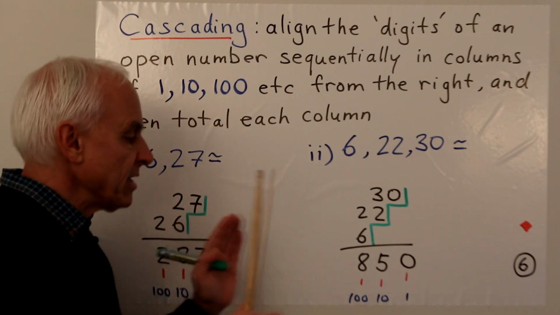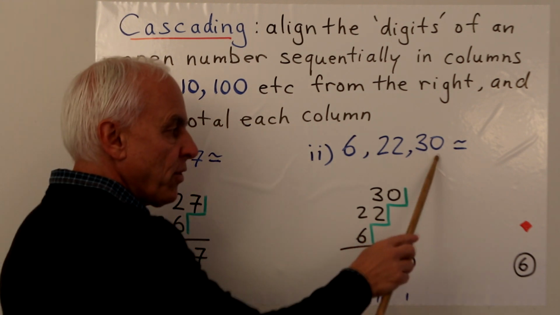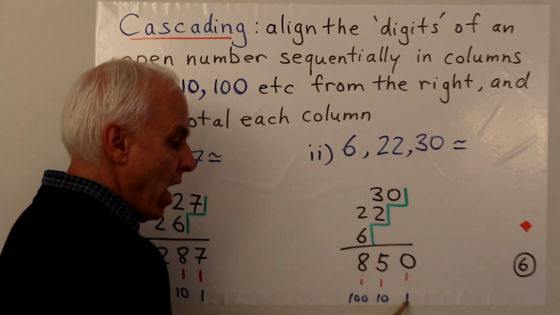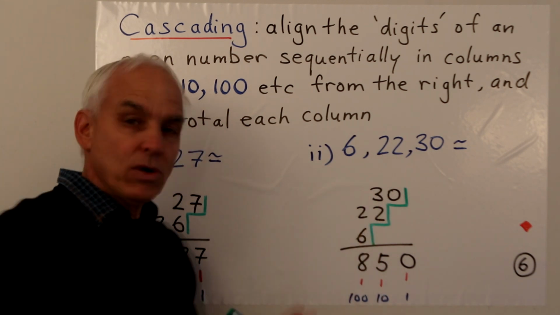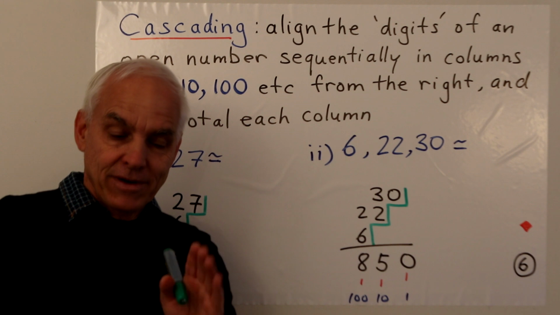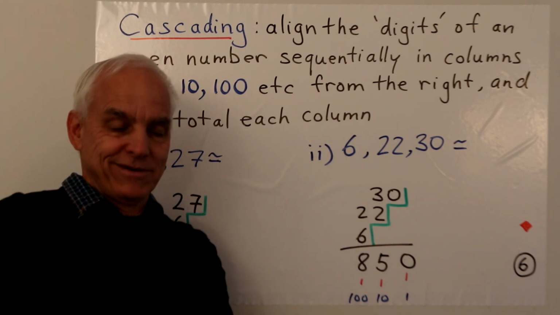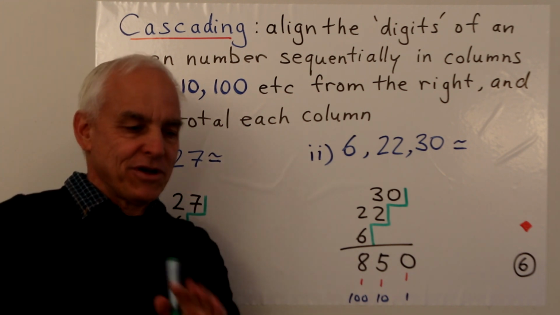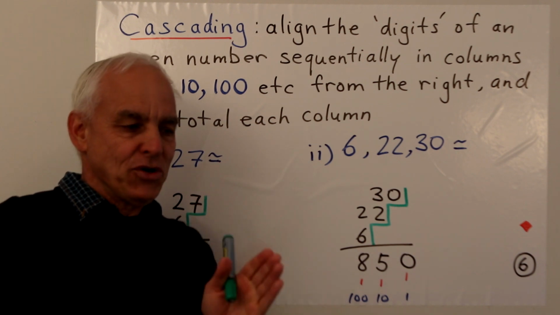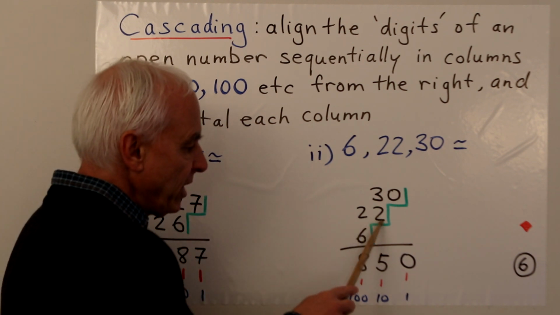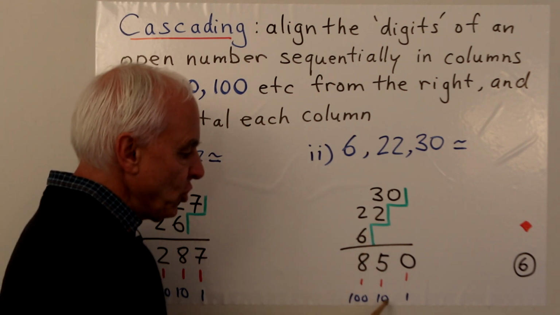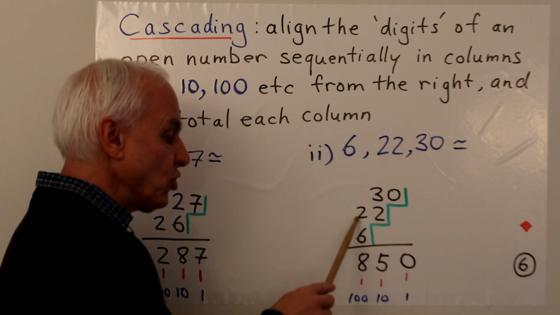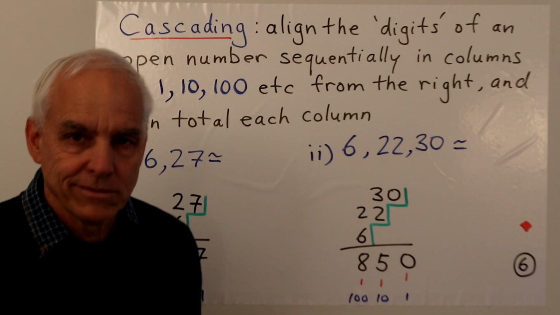Let me explain again why that is. This 30 represents 0 ones and 3 tens. This 22 is the total number of tens, total number of $10 bills. If in doubt, convert to money. 22 $10 bills. We've put it here representing the fact that it can be thought of as 2 $10 bills and 2 $100 bills.